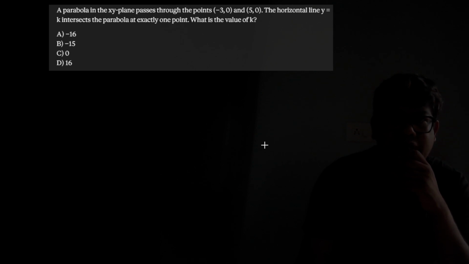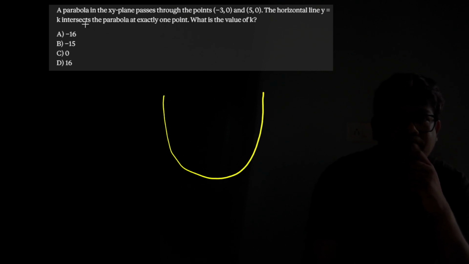So let us again try to find the value of k here. Let us consider this to be the parabola. Now, you see this minus 3 comma 0 and 5 comma 0 are the two coordinates through which this parabola passes, and obviously these two coordinates will lie on the x-axis.